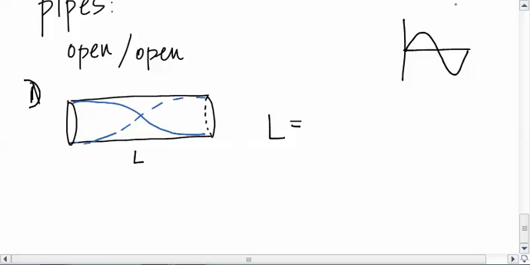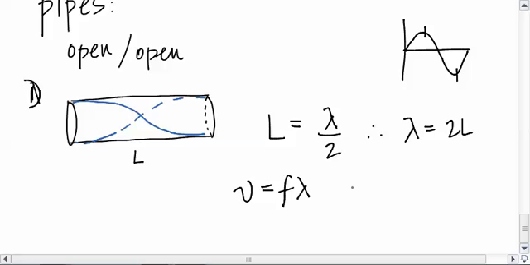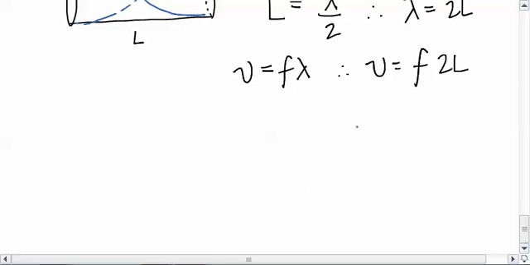Half. Yeah, we start from a positive amplitude and we go to a negative amplitude, and how much of a whole wave is that? Half. And speed is still frequency times wavelength. Up here, wavelength is still 2L. So that means that our velocity is frequency times 2L.